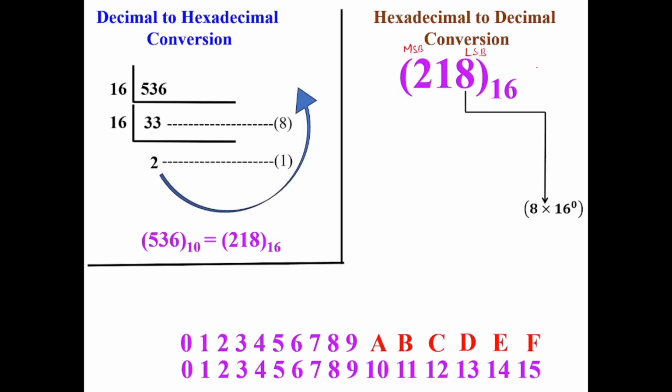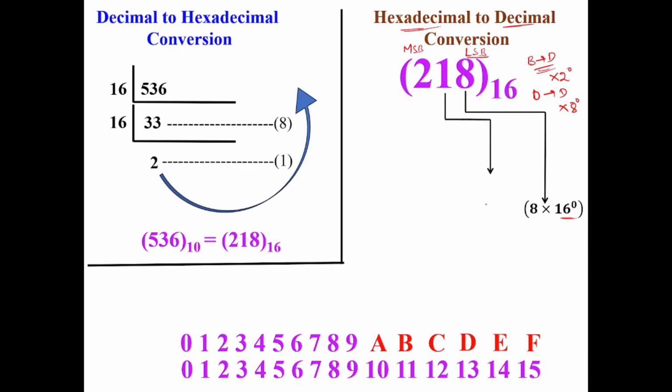Remember, when we converted a binary number to decimal, we multiplied the least significant bit with 2 to the power 0, and for octal to decimal we multiplied with 8 to the power 0. So here from hexadecimal to decimal, the least significant bit is multiplied with 16 to the power 0.